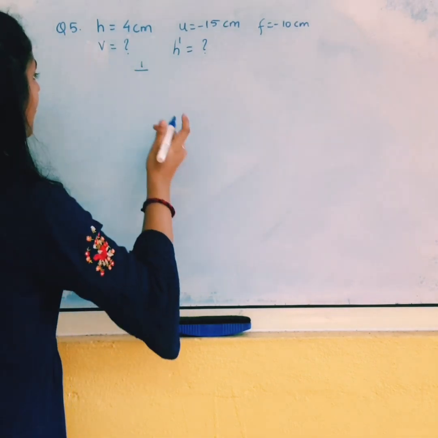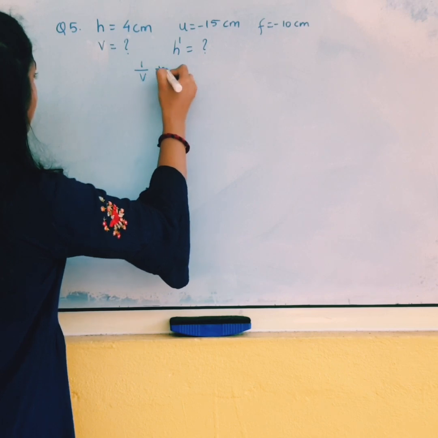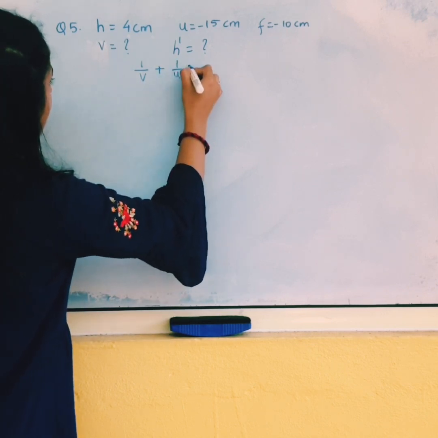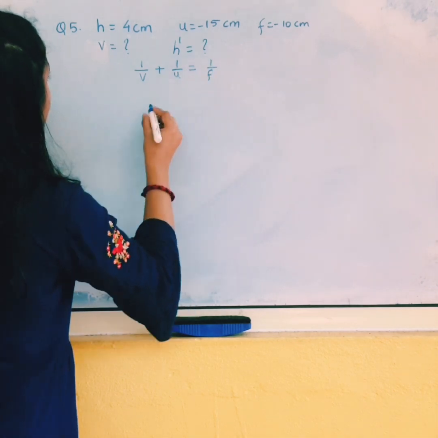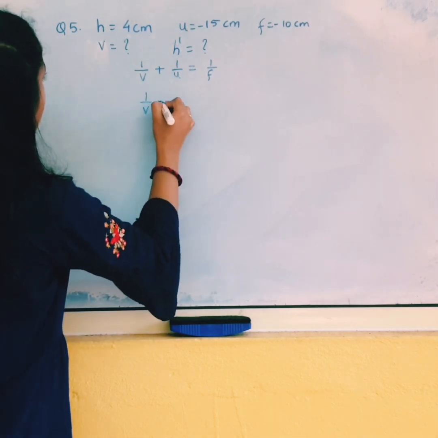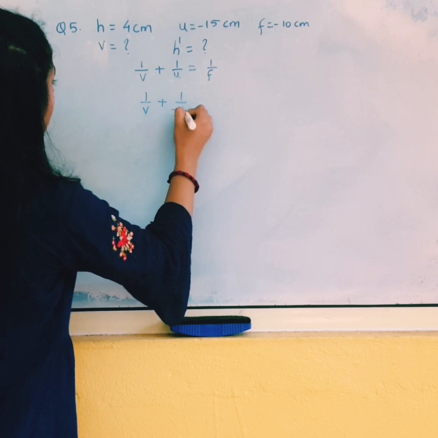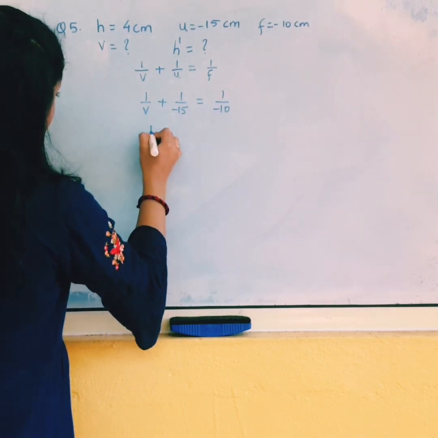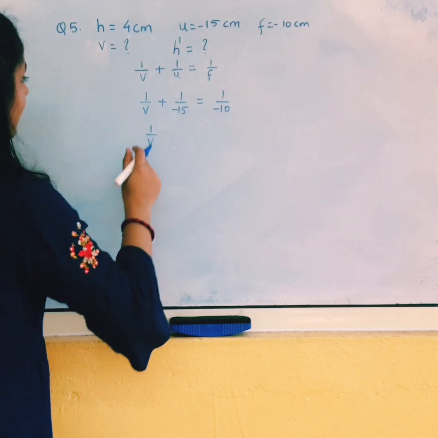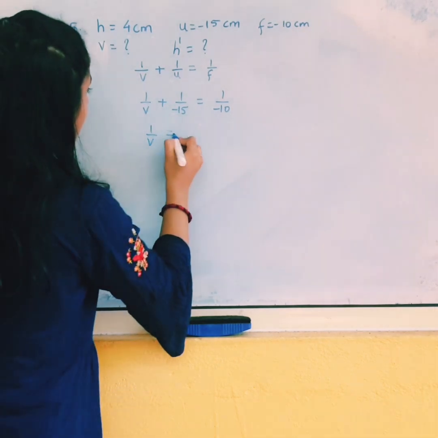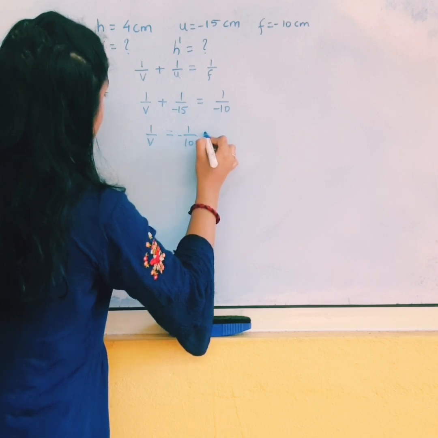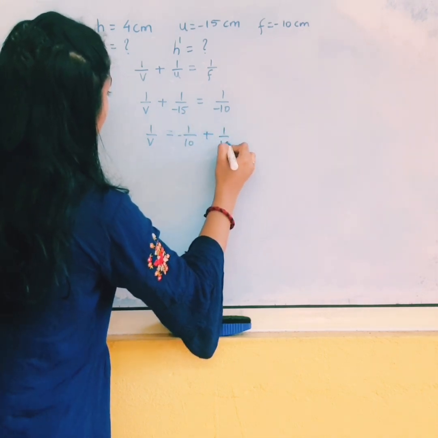This is a concave mirror, so let's use the concave mirror formula. So here again it will be negative 1 upon 15. When you take it to the other side, it will be positive 1 upon 50.